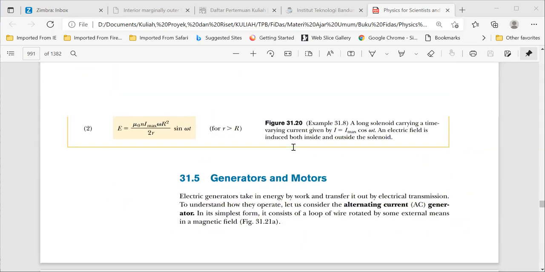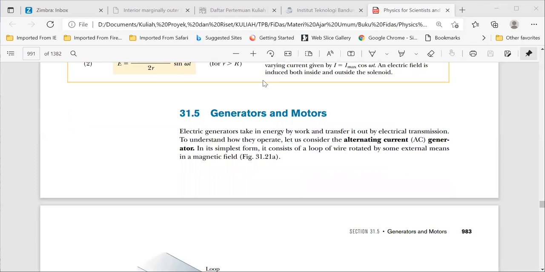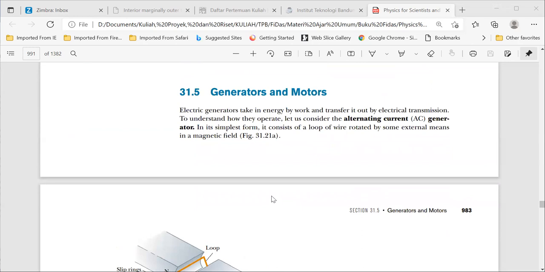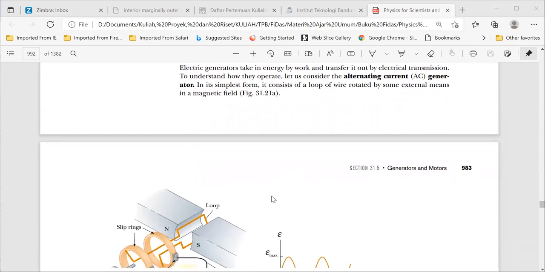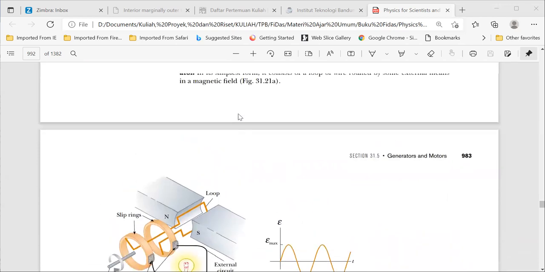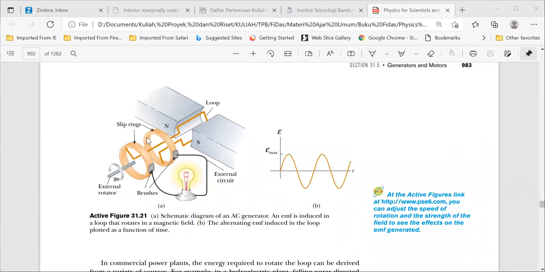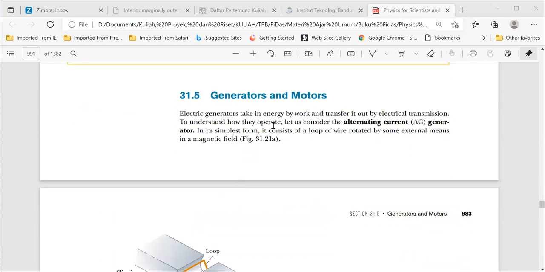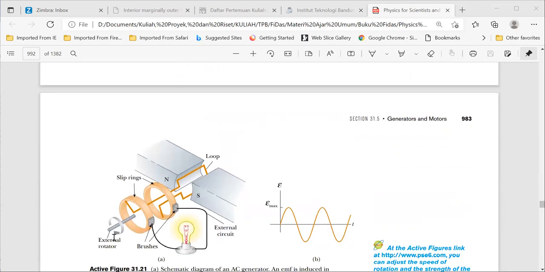Jadi ini salah satu aplikasi dari Faraday-Lenz law of induction, one of the applications is about the motor generator, in which there is a motor inside, and this motor is like this.